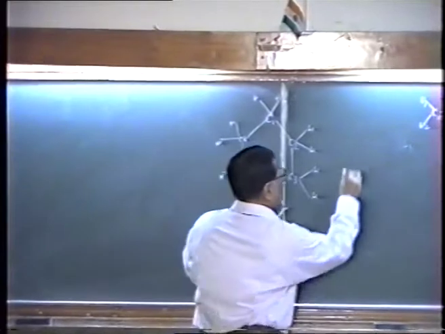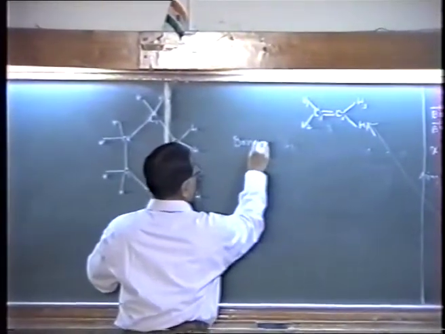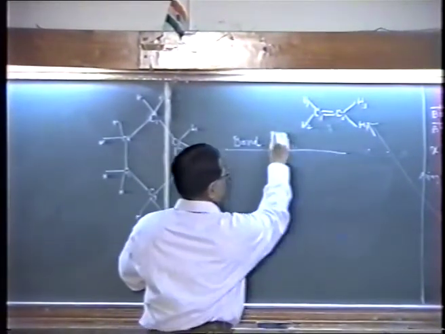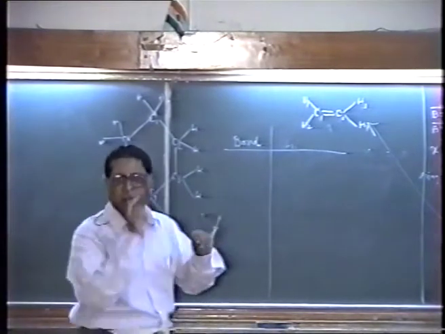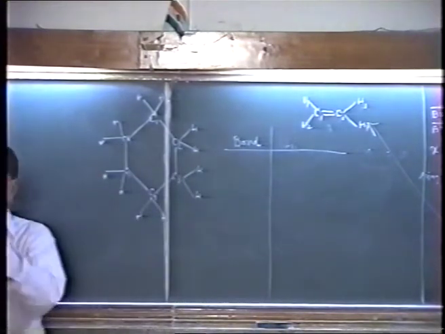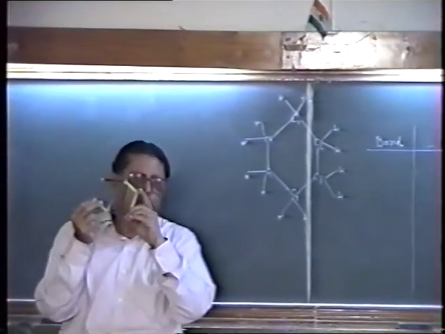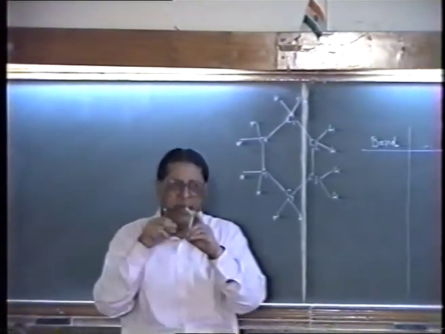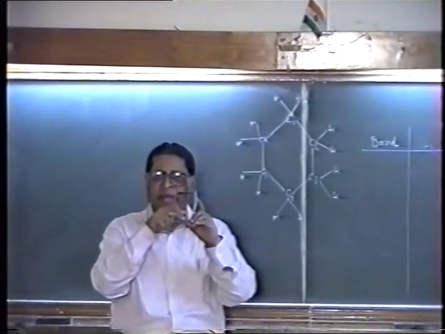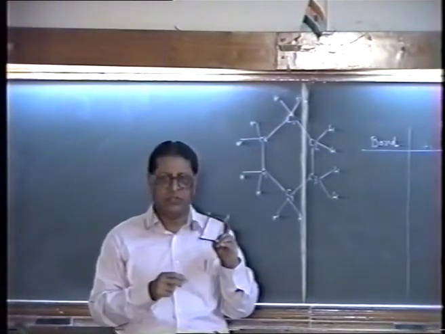The bond which I am going to look at, about which I am going to talk of the torsion angle, which is the bond BC, is the internal or the ring bond. And the atoms involved are also the ring atoms. Therefore, the torsion angles I am going to get here are all internal torsion angles.